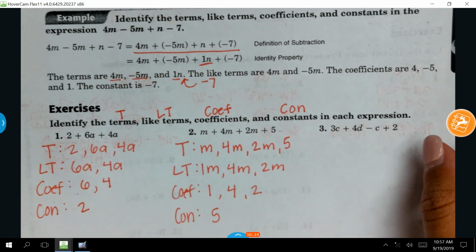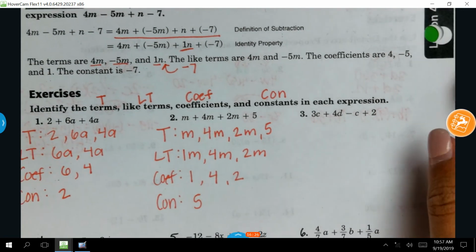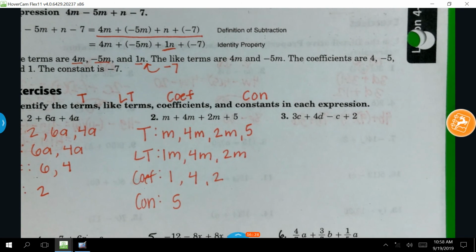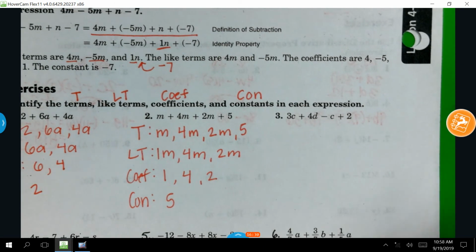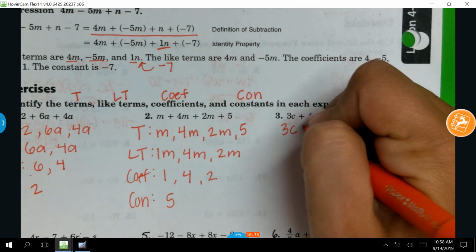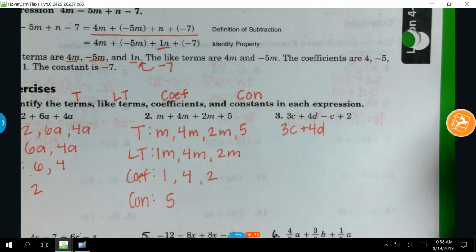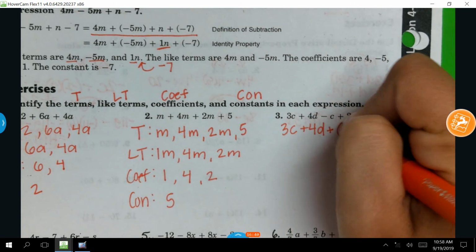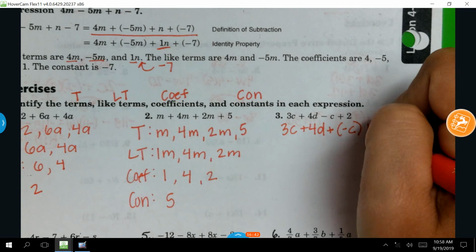Alright, number 3. Do you see a subtraction sign in there somewhere? Yes. So remember, this is when we need to change it. We need to rewrite it to adding a negative. So I'm going to rewrite this as 3C plus 4D plus negative C plus 2.